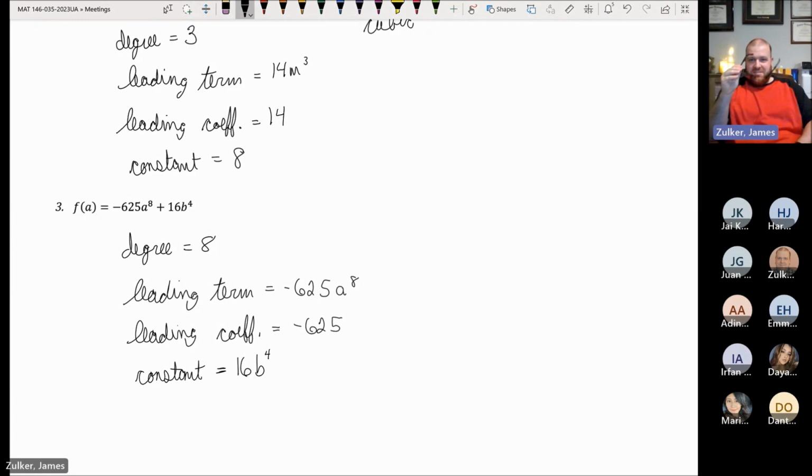Exactly. Now, you will study multivariate functions in Calc 3. A multivariate function is just a function of multiple independent variables. But we're not worried about that yet.